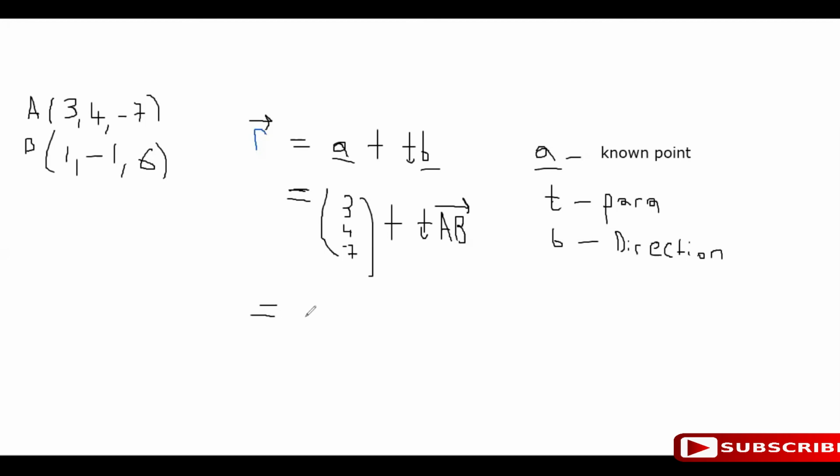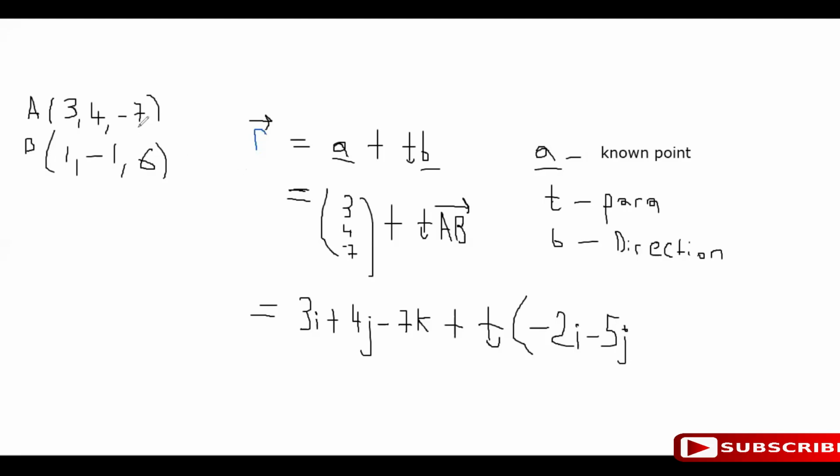So the vector equation is equal to 3i plus 4j minus 7k. So I'm writing all of these in ijk now, plus the parameter t times vector AB. Vector AB is the vector of the last minus the vector of the first. 1 minus 3 is -2, so that's minus 2i. -1 minus 4 is minus 5j.